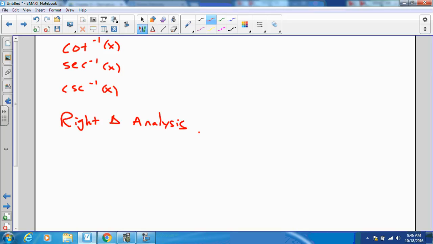So that's our agenda for today, and I want to do it in kind of a funny order. First, I'm going to talk about secant, inverse secant, and cosecant because they're fairly easy. Then we're going to do right triangle analysis, and then we're going to come back and do the inverse cotangent last. Okay?